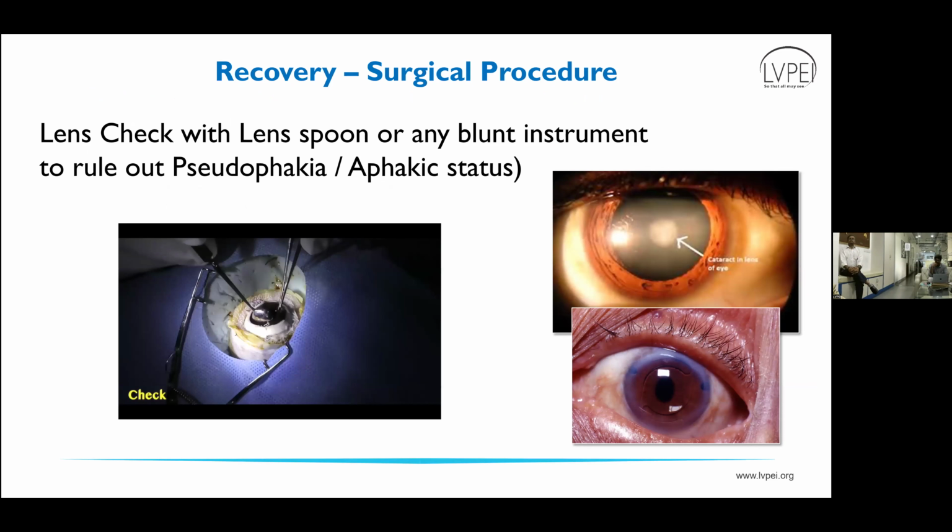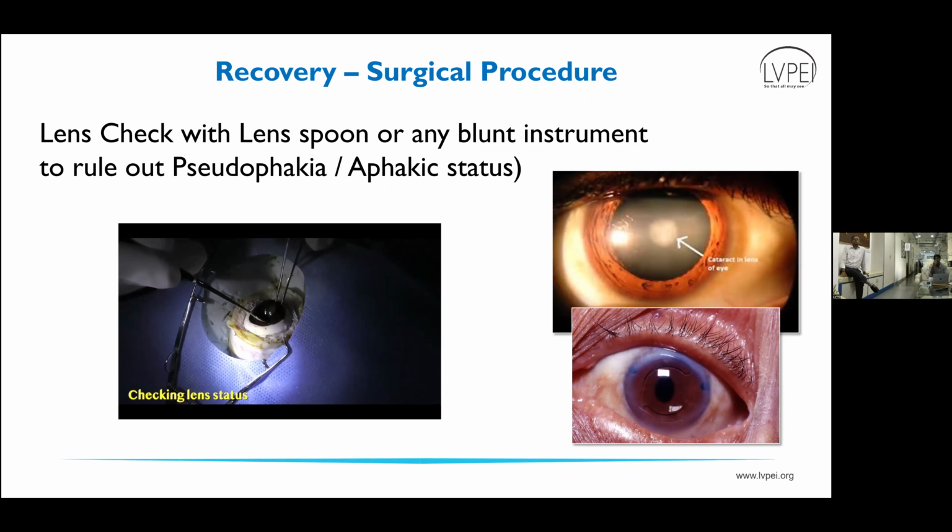Once you are done with transferring the cornea into the media, you have to check the lens with the help of a lens cone, or you can use any blunt instrument, or even forceps, because you just have to palpate the area where the lens is. This is just to rule out the lens status, whether it is phakic, pseudophakic or aphakic.